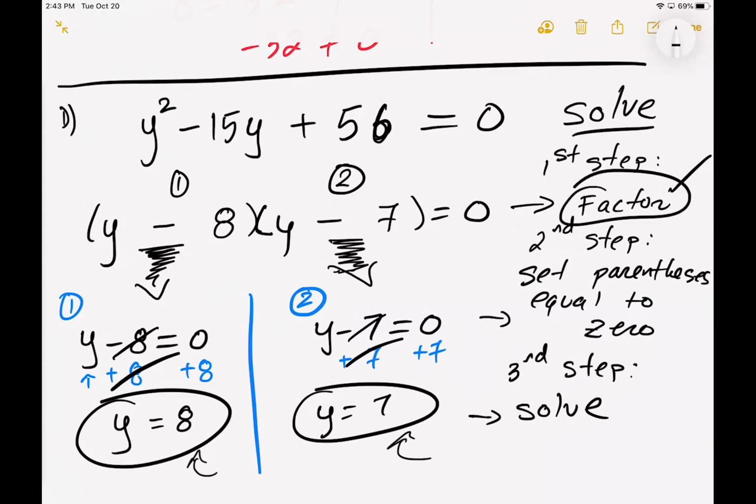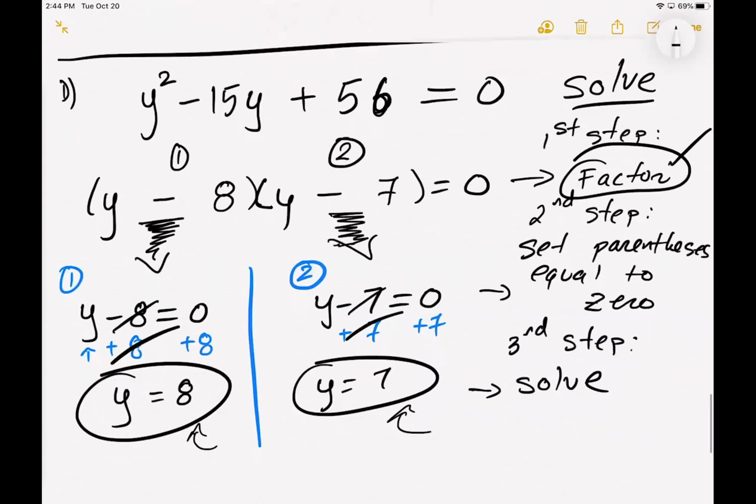And that's the key. If you don't know how to factor, you will not get to the solving part. That's why I keep on stressing factoring, because there is no way out of this class without knowing how to factor. I can guarantee you that, because factoring is basically the most important thing in this class, okay?